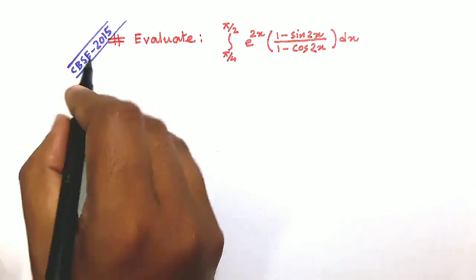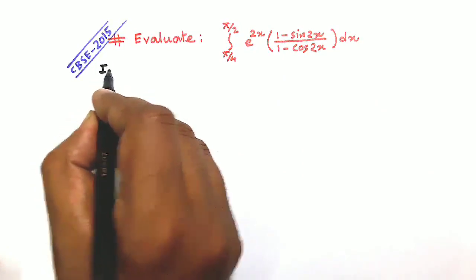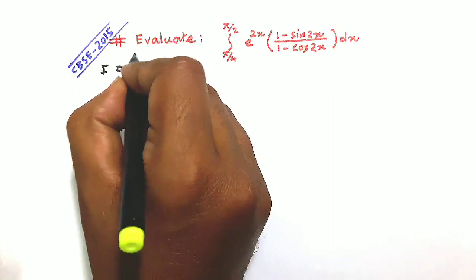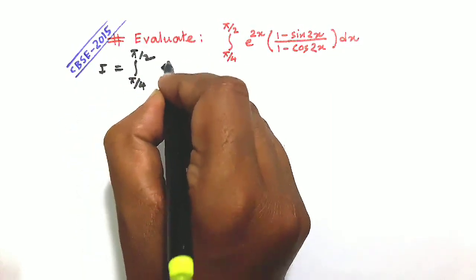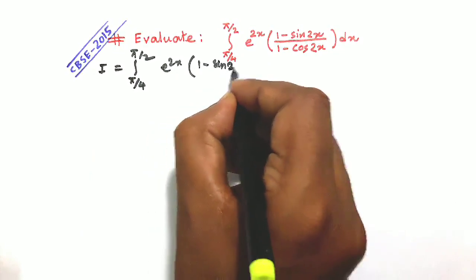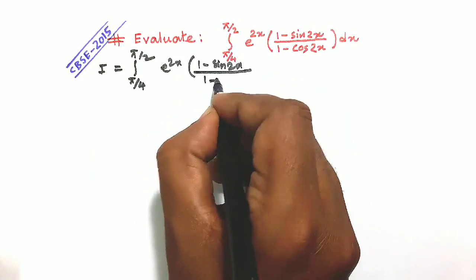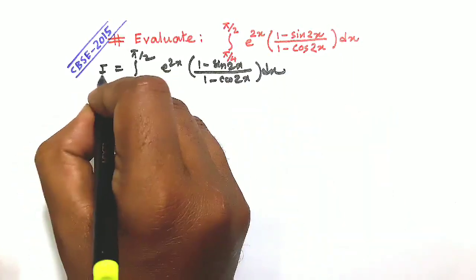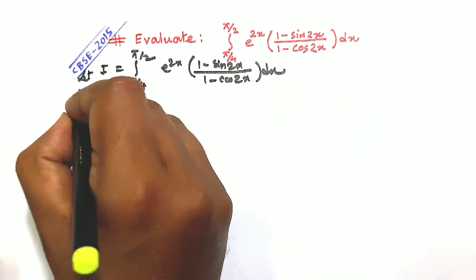So let's start. I is equal to integration pi upon 4 to pi upon 2 e to the power 2x into 1 minus sin 2x upon 1 minus cos 2x dx. We considered it as I. Okay.